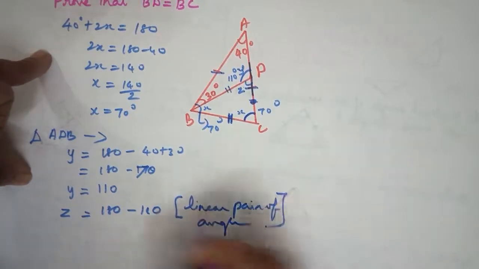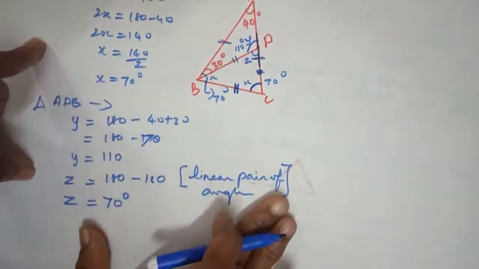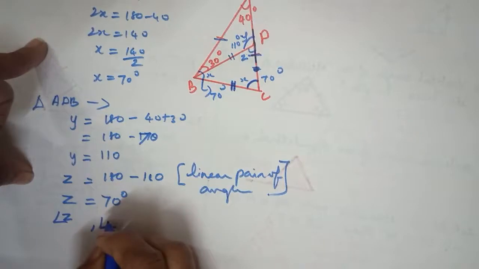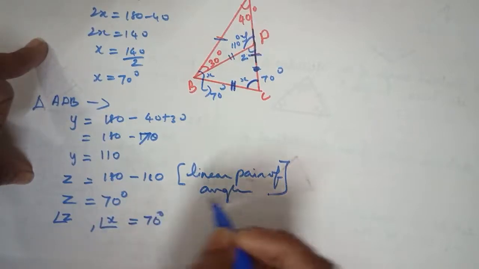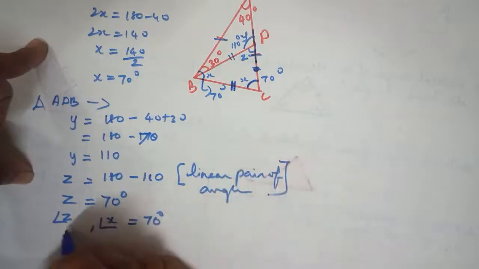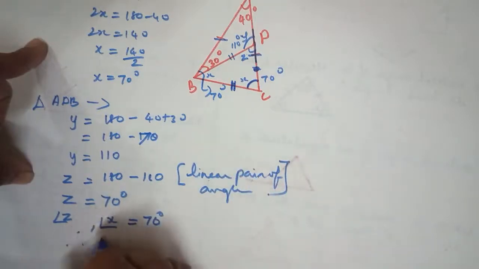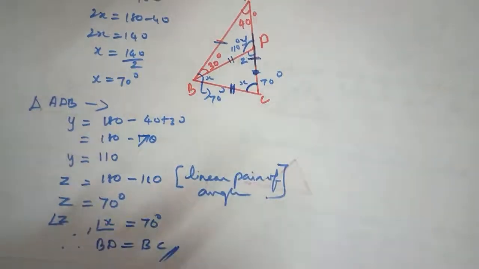So z is equal to 70 degrees. Now we have proved angle z and angle x are equal to 70 degrees. Therefore we can say BD equals BC. Hence we proved. Is it clear, students? Good. Thank you, students.